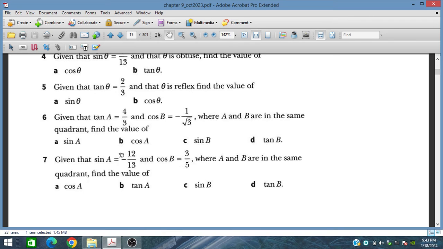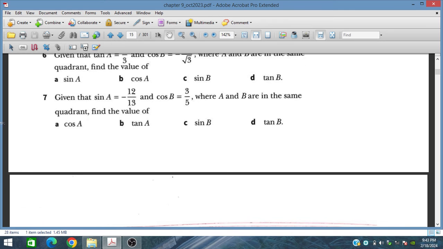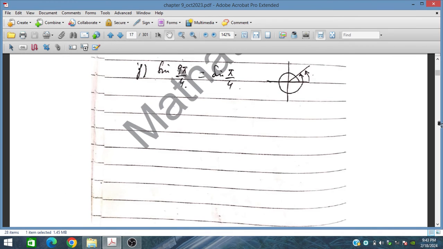So it means that angles A and B are both in the fourth quadrant. So we can infer this information by looking at the sine and cosine values, and we have to find cos A, tangent A, sine B, and tangent B. Let's solve this question number 7.